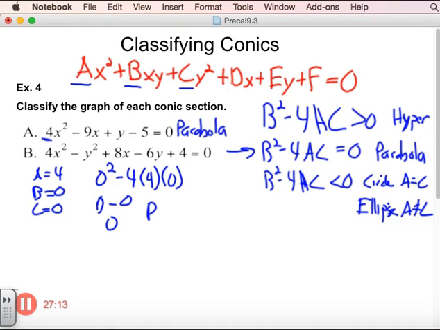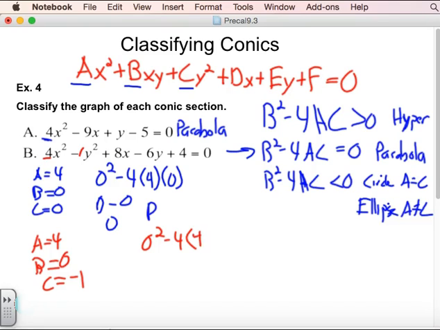Okay? Now let's test it for the second one. So this time a is 4, b is in front of xy. Well, I don't see an xy, so that would be a 0. C is in front of the y squared, so that's negative 1. So let's plug it in this time. B squared, 0 squared, minus 4 times a, which is 4, times c, which is negative 1.